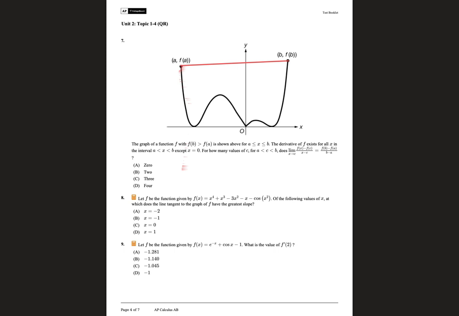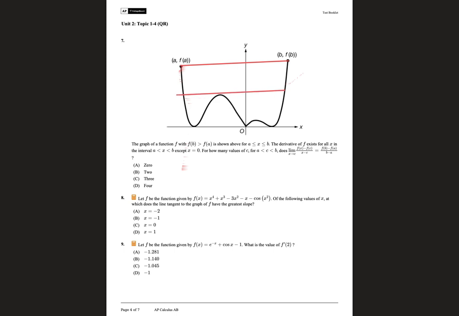Having the same slope is parallel. So let's look at lines parallel to this. Okay. Let's take this line. So we want to know tangent lines that are parallel.